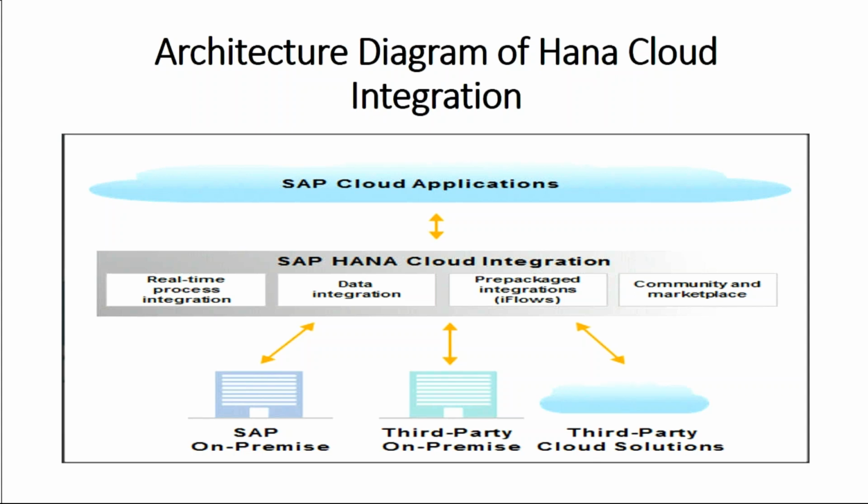It is your HANA Cloud integration, and it has four functionalities. Real-time process integration, which we would be looking into. I mean to say your transactional data or real-time data, which we transfer from one system to another system. That is real-time process integration.